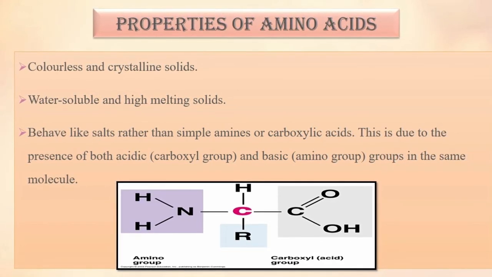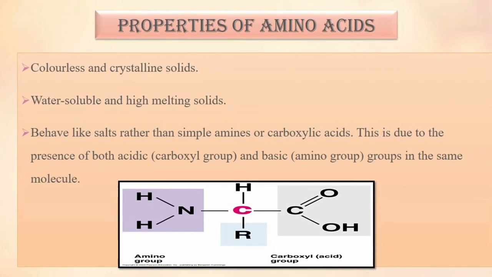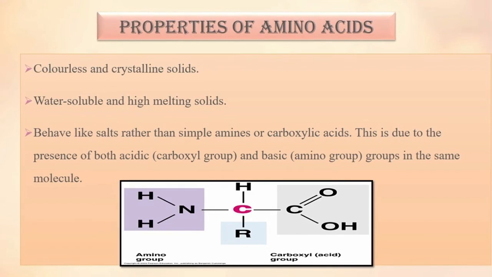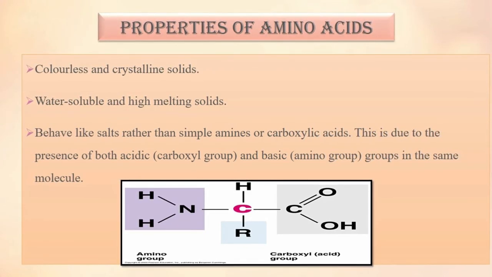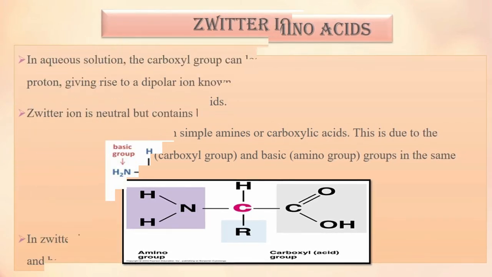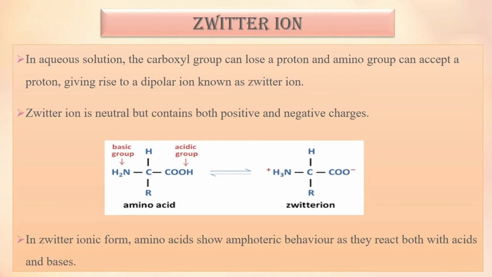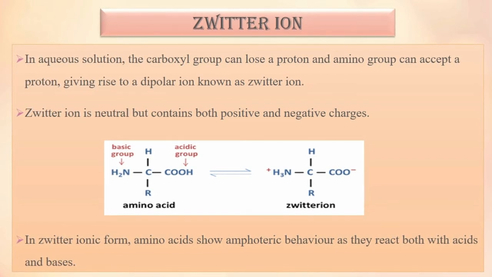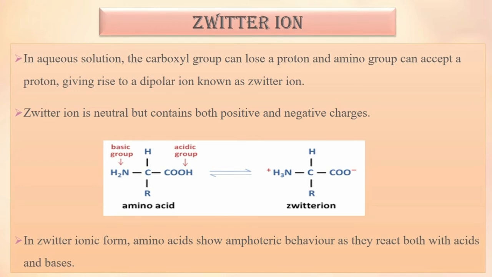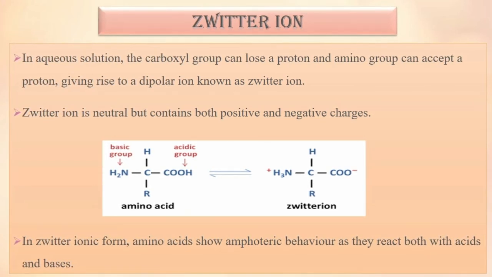These amino acids behave like salts since they have an acidic carboxylic group and a basic amino group present within the same molecule. When we look at the aqueous solution of an amino acid, the carboxyl group present in the amino acid will lose its proton and the amino group will accept that proton.